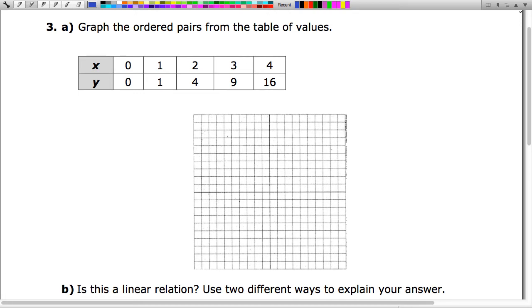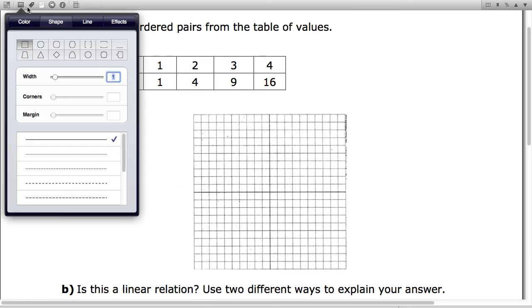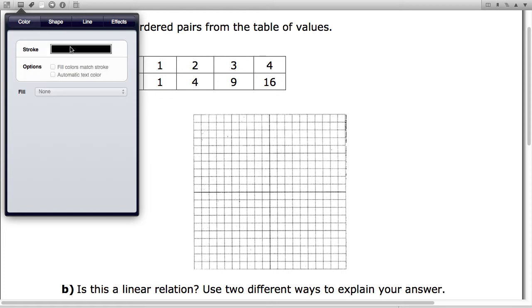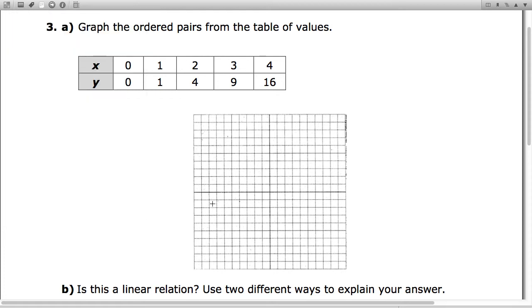And so here's what we're going to do. I'm going to set up, draw the x-axis right along the bottom of this grid, and I'm going to set up the y-axis to go up here. There we go.